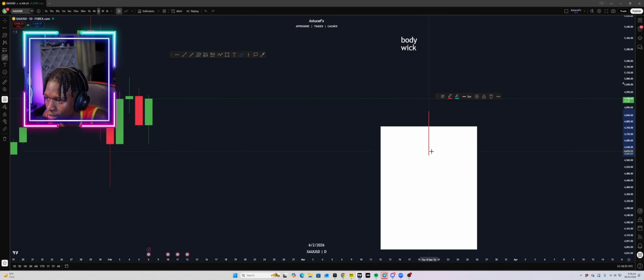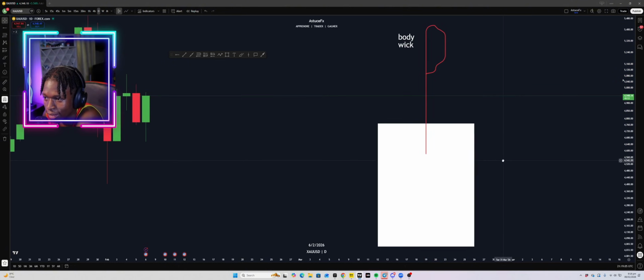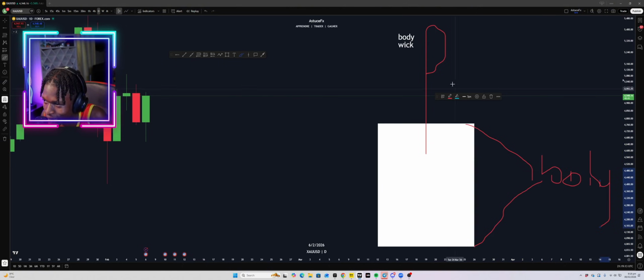So what are the parts? This part that you have here is the body of the candle. In real life, you just call it the candle. This is the flame of the candle, and this particular thing here is called the wick. So this is the wick of the candlestick.